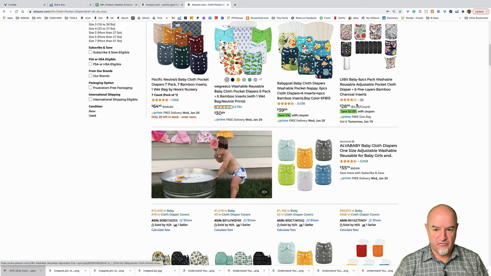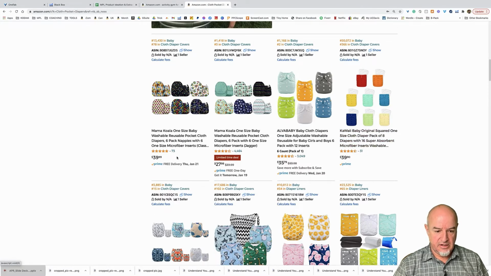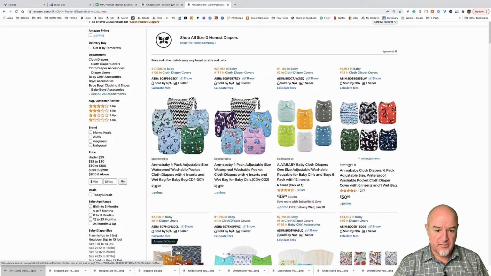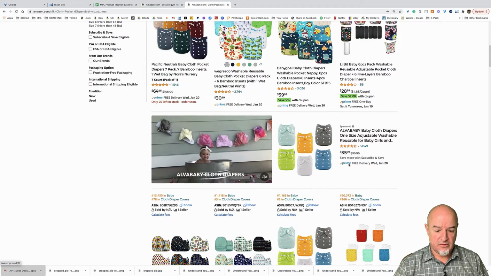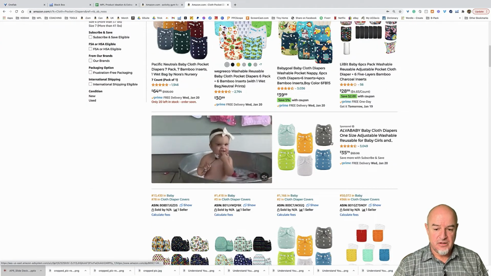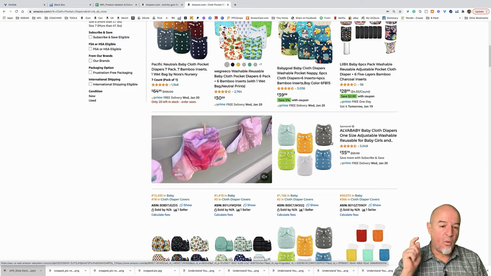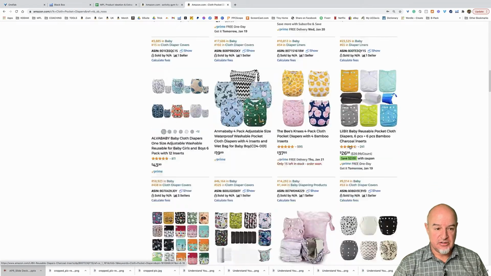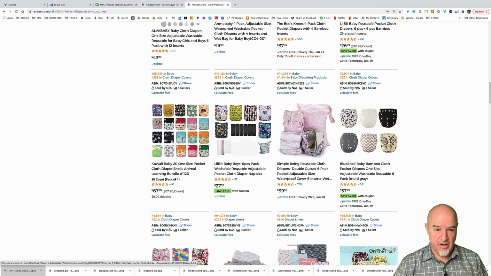And then you got one here at 56, and you got another 4-digit. I mean, this is just really competitive. At least the cloth pocket diapers search term is really competitive when it comes to a review count, okay? So just because you found one product that may be under 10 reviews on this page, that does not mean that this is going to be a great product idea.